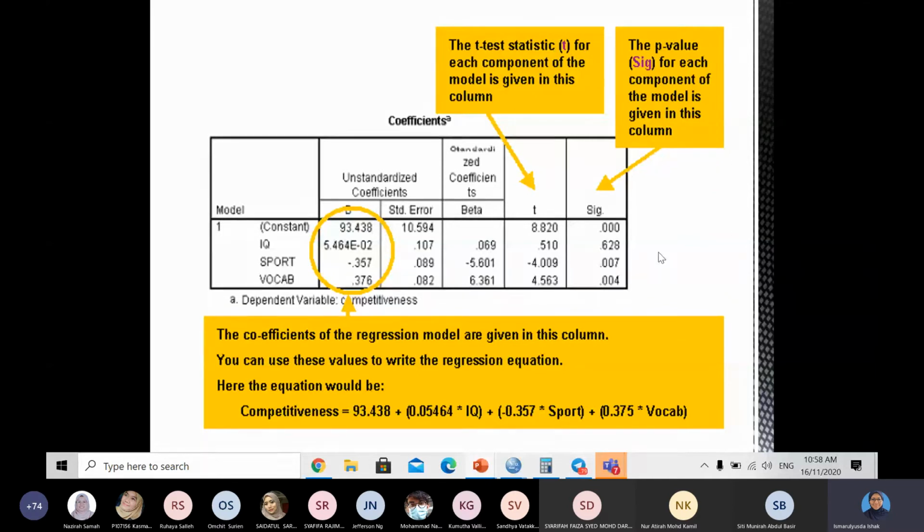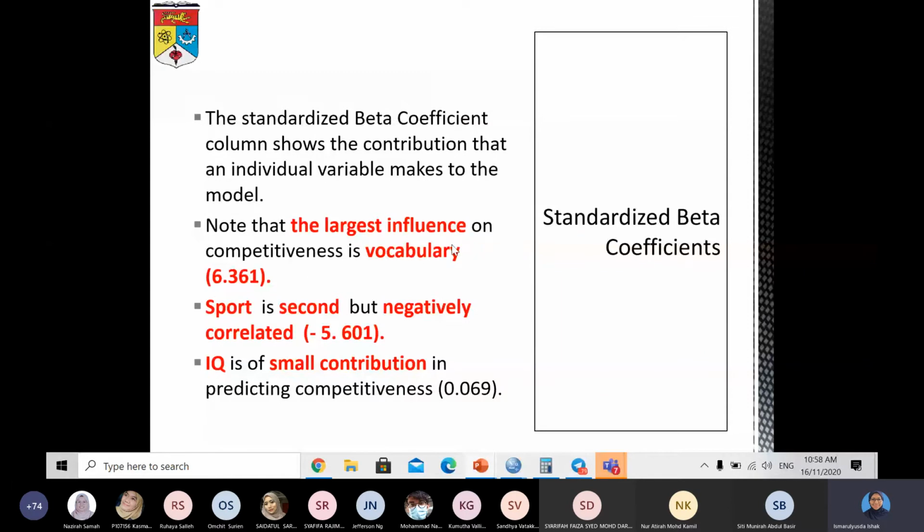The standardized beta coefficient shows the contribution that an individual variable makes to the model. Note that the largest influence on competitiveness is vocabulary. Sport is second but negatively correlated, and IQ makes a small contribution in predicting competitiveness.